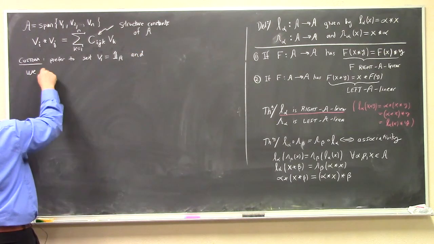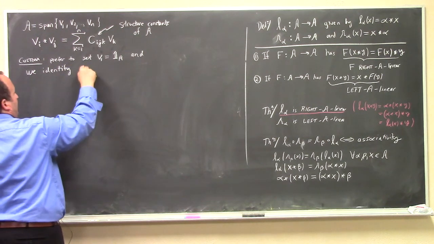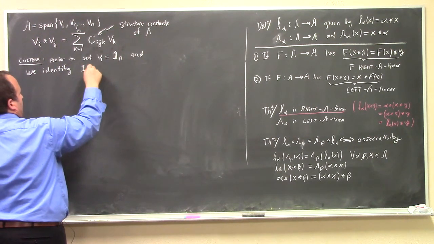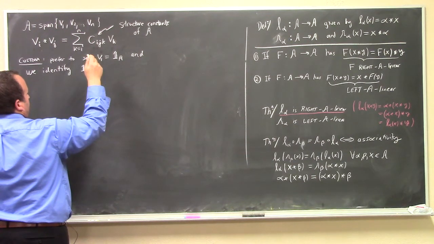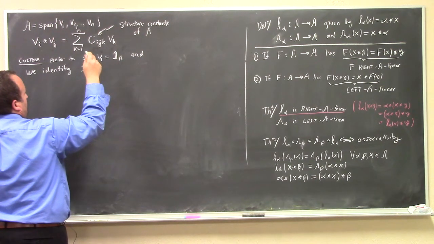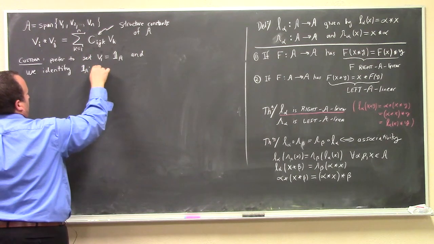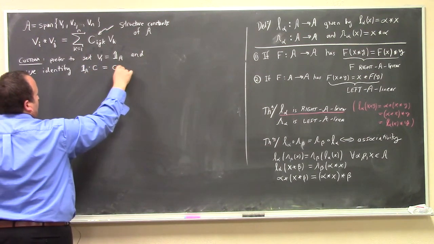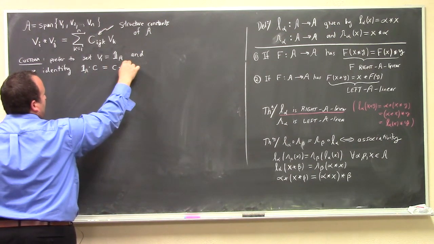So if you do that, then we identify a constant times 1_A, I should say, with the constant, where c is in the reals. And here I do mean dot, I don't mean star.